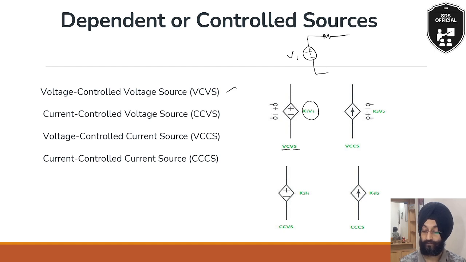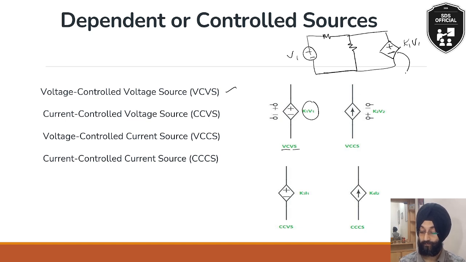There is a resistor, there is also a resistor or load. There is another circuit in which we are having a dependent voltage source. Now this voltage source is dependent upon this voltage V1 with the constant K1 and V1, and this is a voltage source, so we will mention the symbols of plus and minus, which signifies it is a voltage source.